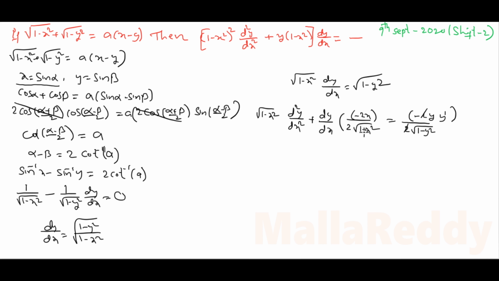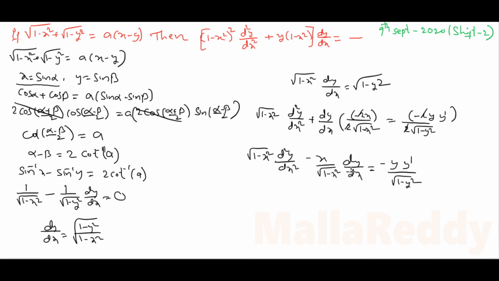Here 2 cancel, here 2 cancel. So root over 1 minus x square into d square y by dx square minus x by root 1 minus x square into dy by dx is equal to minus y y dash by root over 1 minus y square.